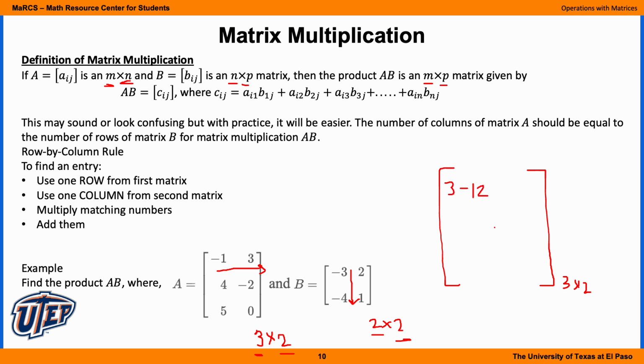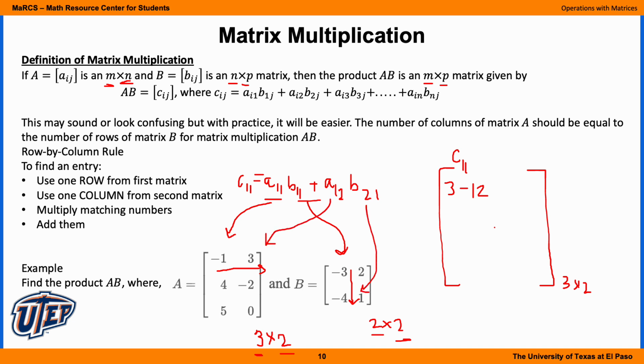So that'll be the first entry in the first row. So we just found C11, and that was equal to A11, so this one right here, times B11 right here, plus A12 times B21. And that's just this portion right here that we did. So that simplified, 3 minus 12 is equal to -9.